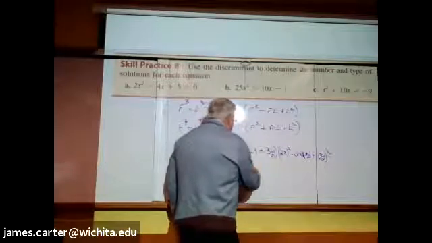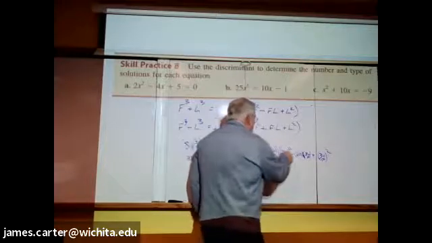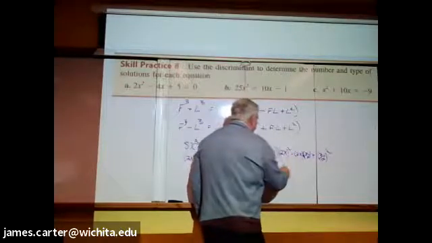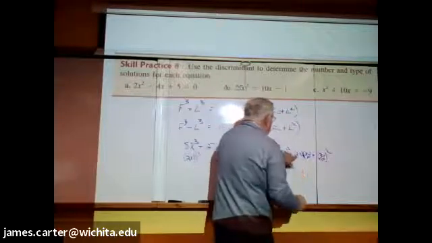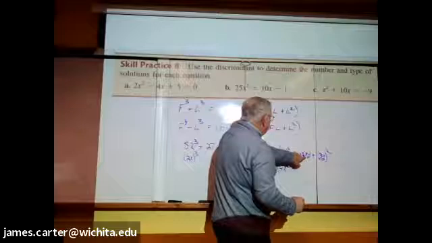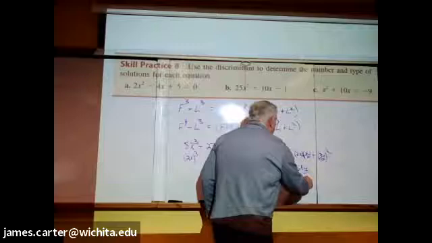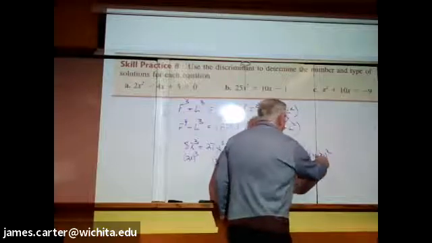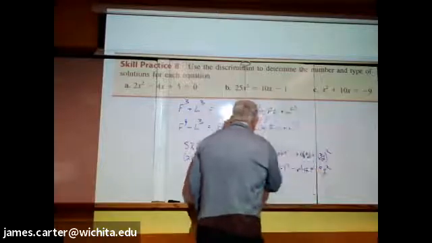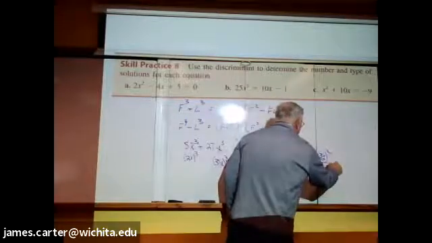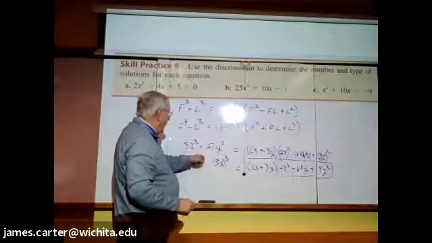So your final answer then is 2x plus 3y times 2 squared is 4, x squared is x squared, 4x squared, minus 2 times x times 3 is 6, times y is 6xy, plus 3 squared is 9, y squared is y squared. So here would be this problem in factored form.